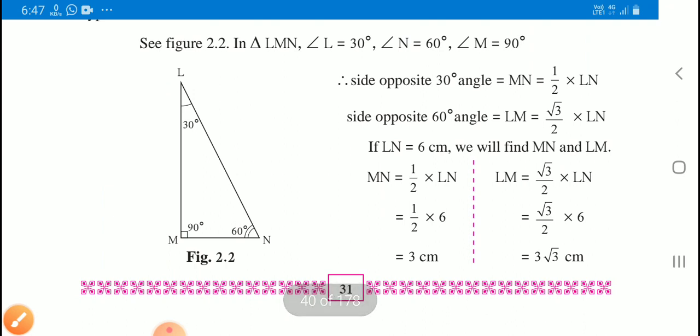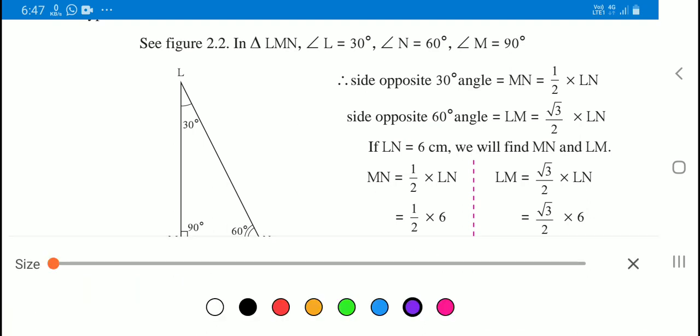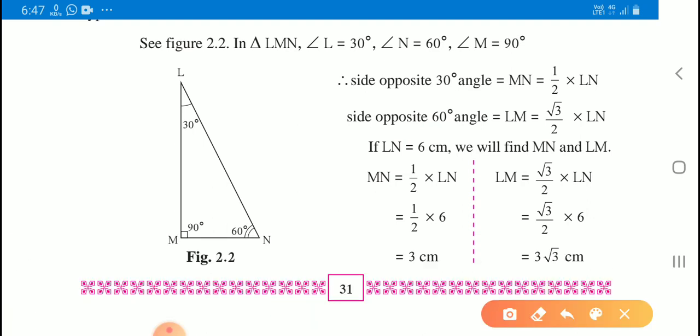Now see the figure. Here they have given one example. See figure number 2.2. Here they have given the right angle triangle LMN. The measure of angle L is 30 degree, N is 60 degree and M is 90 degree. Which side is opposite to the 30 degree angle? The opposite side is side MN.